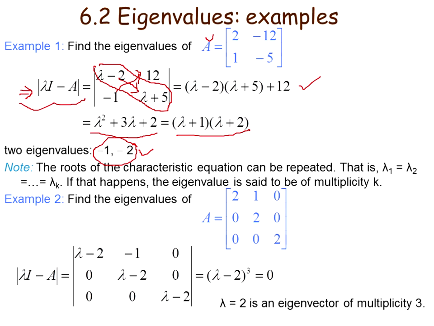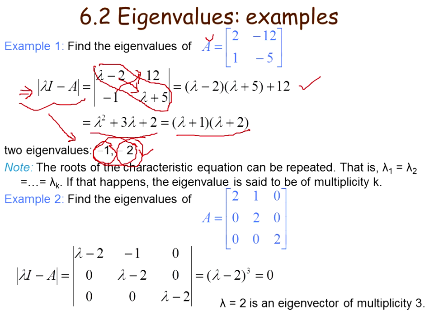It is called the characteristic equation. From the characteristic equation, I can find the eigenvalues. To find the eigenvectors, there are 2 eigenvectors present: one eigenvector corresponding to minus 1 and another corresponding to minus 2.